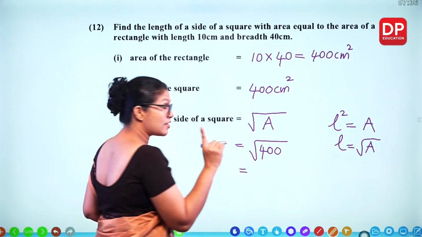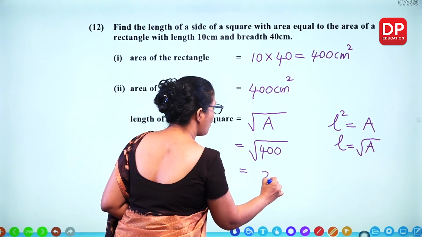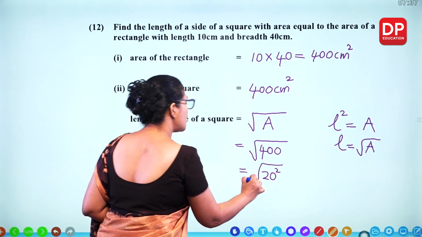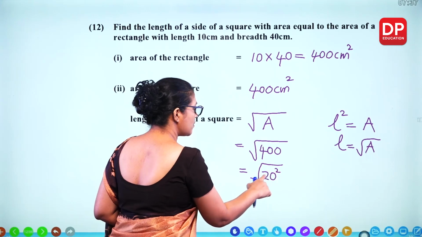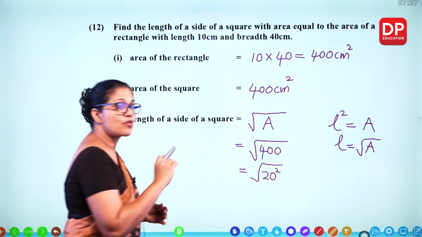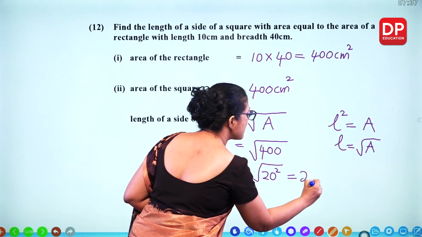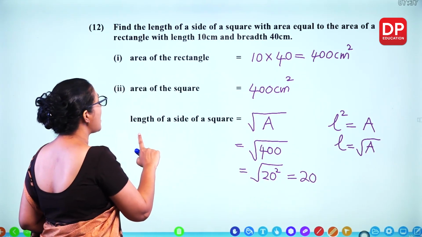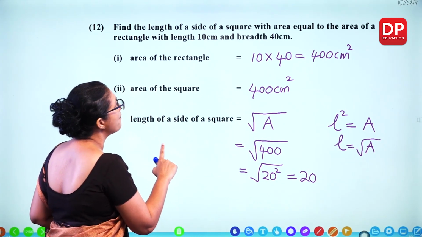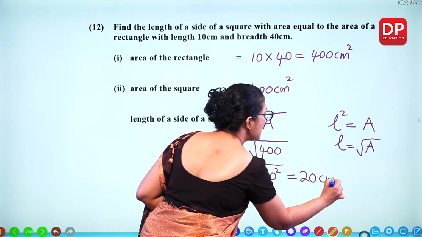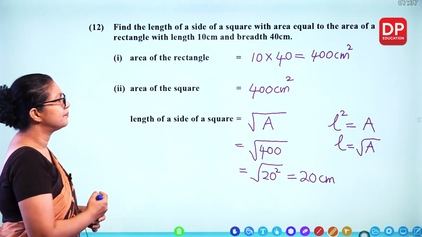What's that? 20 squared is 400. When you take the square root, you get this square root and square term get cancelled out, and you get 20 as the side length of a square. That's 20 centimeters.